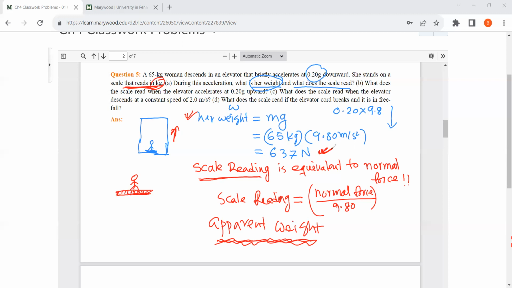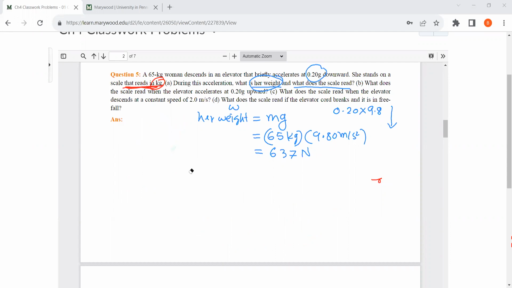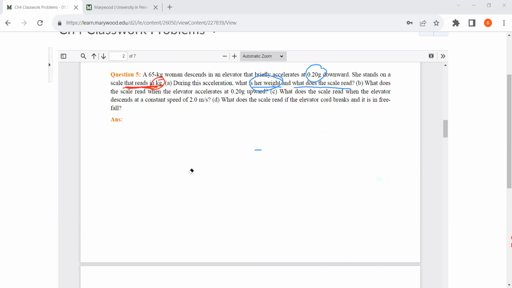Now the next part of the first question is, what does the scale read? We have to calculate the normal force, and then divide it by 9.8.